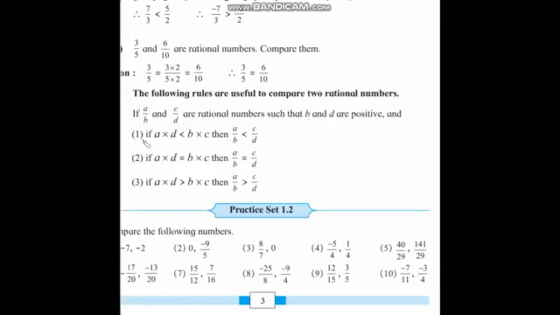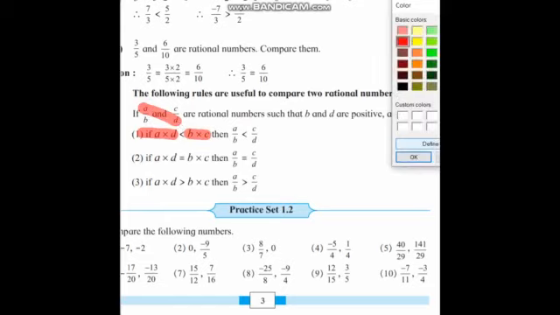In the first rule, it is mentioned that if a into d is greater than b into c, now see, the cross connection is a into d and the other one is b into c.